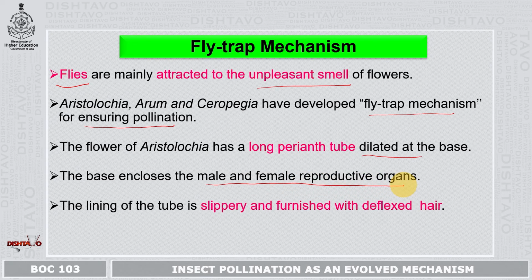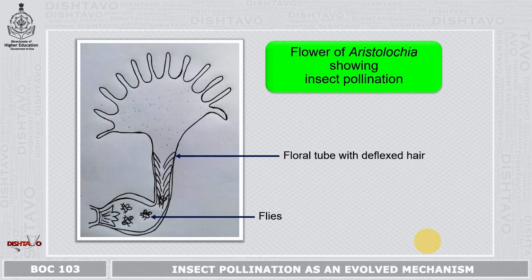Now, the lining of the tube, that is the floral tube, is slippery and furnished with deflexed hair. Now, here is a diagram showing the flower of Aristolochia.